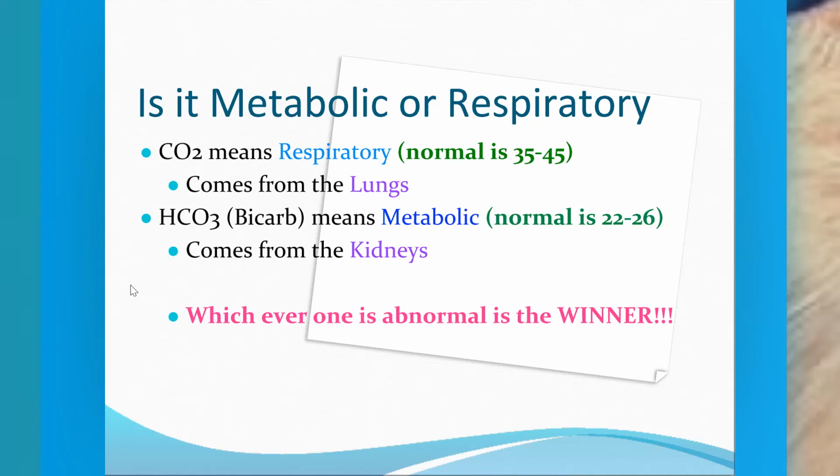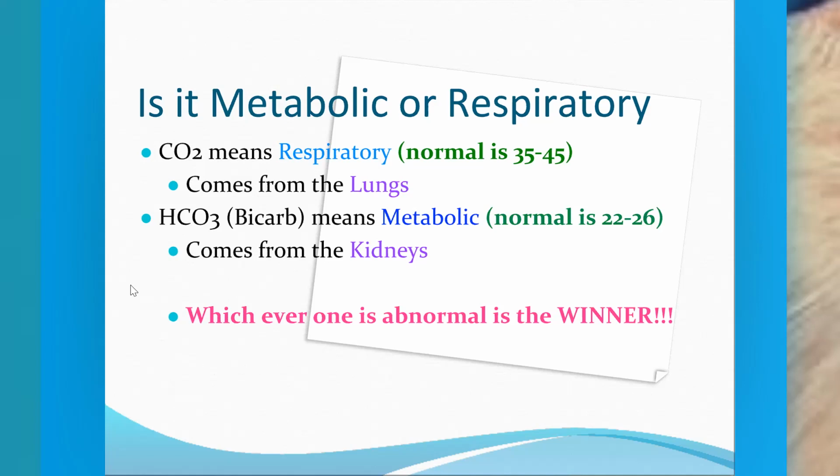Their normal range is 35 to 45, which makes it really easy to remember for this problem. The pH is also 7.35 to 7.45, so all we have to remember for the pH is that it's 7 point, and then the 35 to 45.